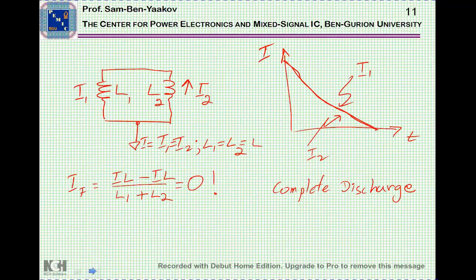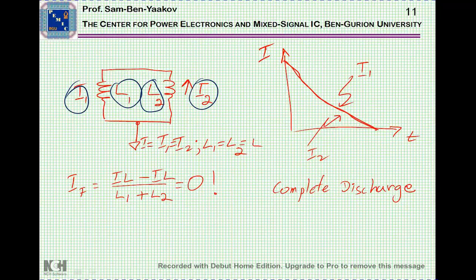Let's have a look now at a case which, since we are less familiar with inductors, will look very strange, but let's see what is happening in this particular case, in which you have two inductors of the same value, same inductance. They have exactly the same initial current.